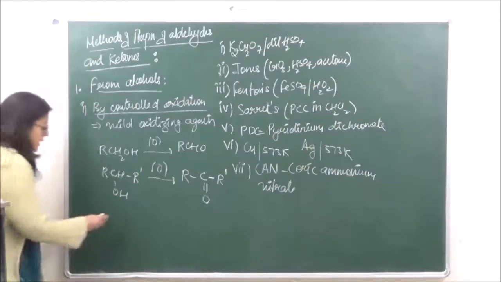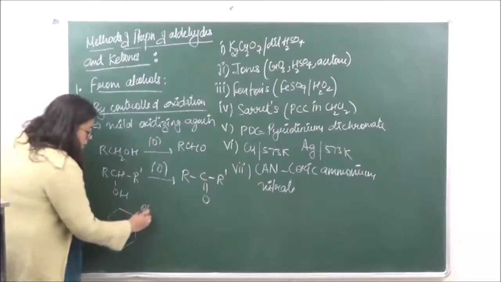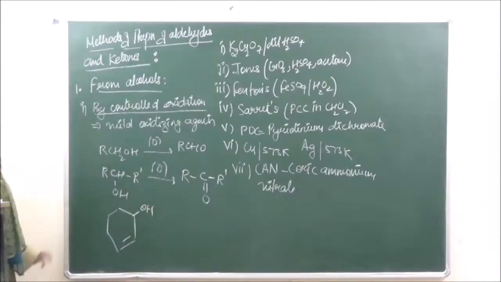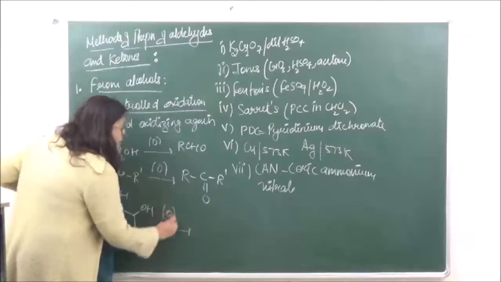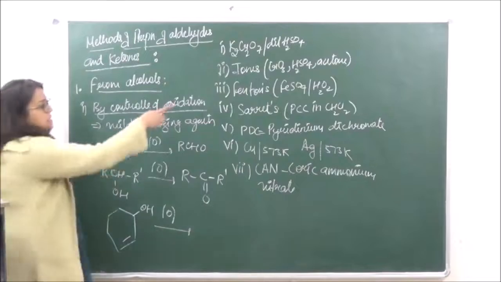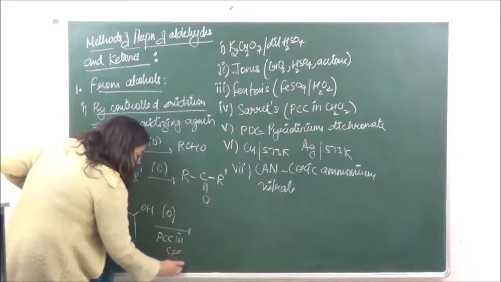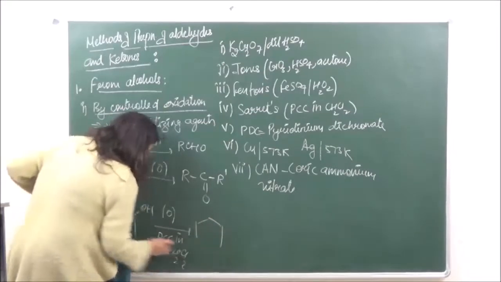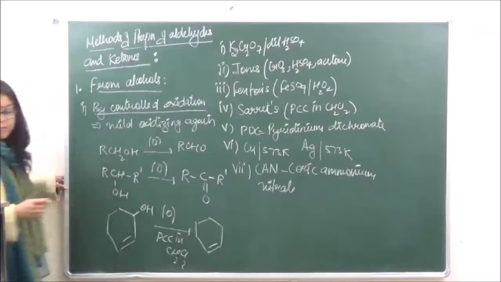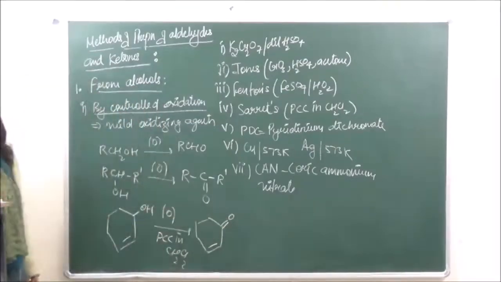For example, if you take a cyclic compound of this type, cyclohexenol, and oxidize it with PCC, the Sarett's reagent, the double bond is not affected and remains as it is, and we get cyclohexenone. Only the functional group is hit.